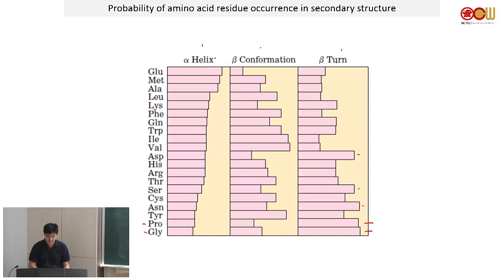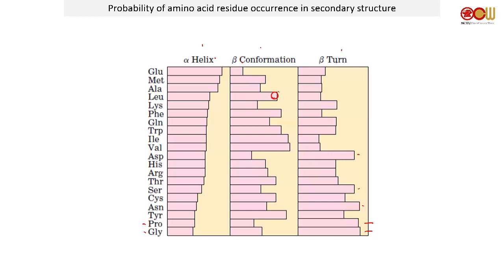Beta sheet, then, or beta conformation. For the most part, in beta conformation you see a lot of the hydrophobic residues. For example, you see leucine, phenylalanine, tryptophan, isoleucine, valine, and tyrosine, although tyrosine is not very hydrophobic.